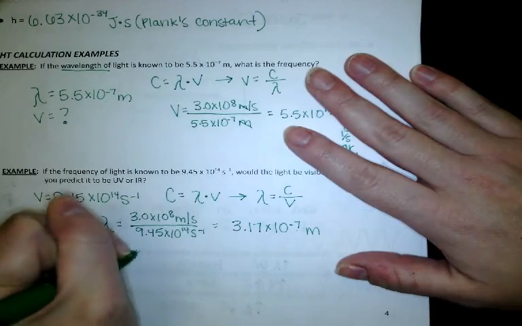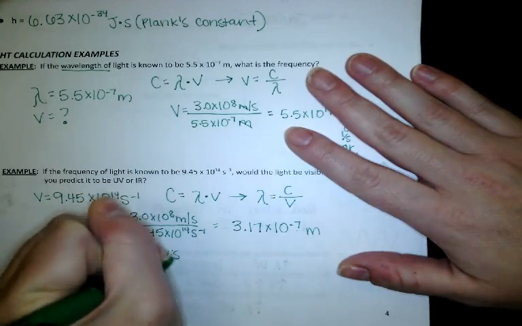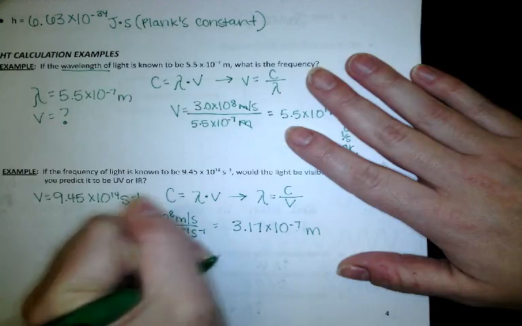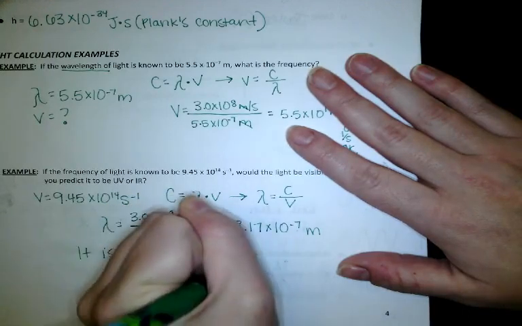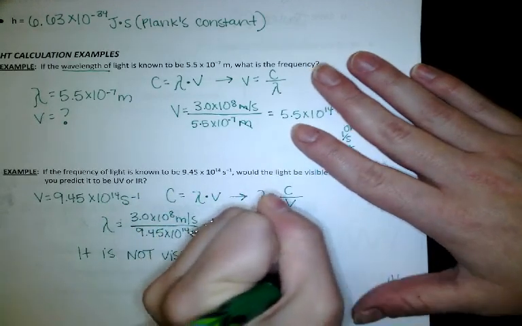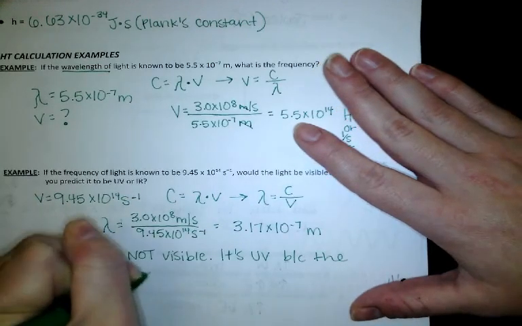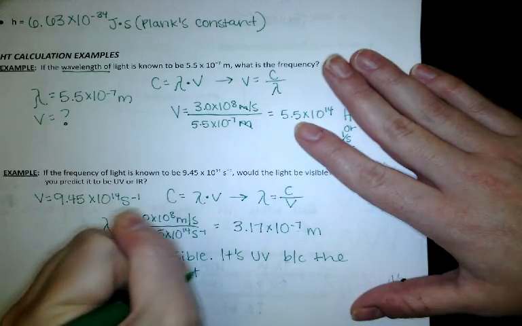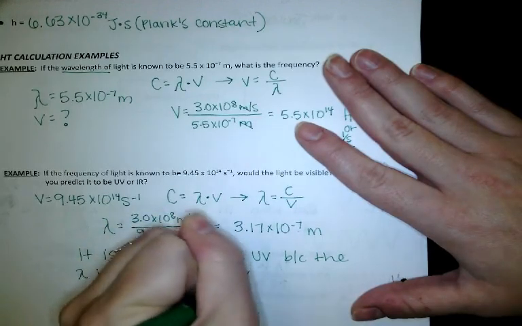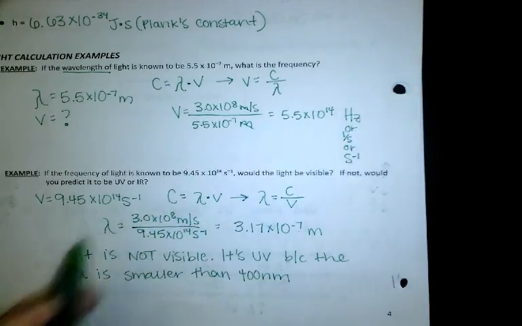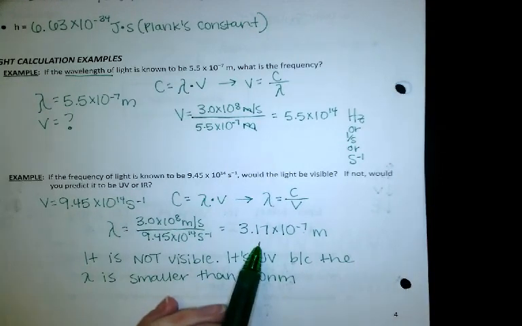Okay, it's UV because the wavelength is smaller than 400 nanometers. So this would be 3.17, or would it be 0.317 nanometers? So it's smaller.